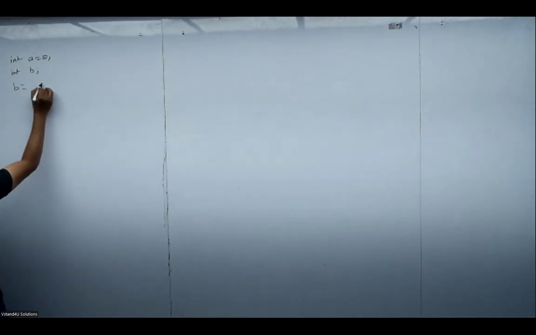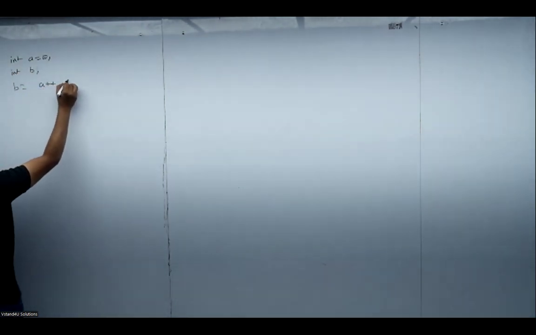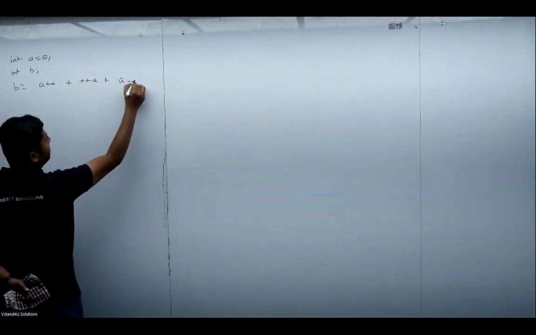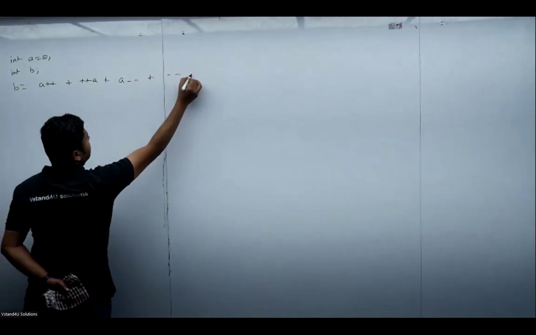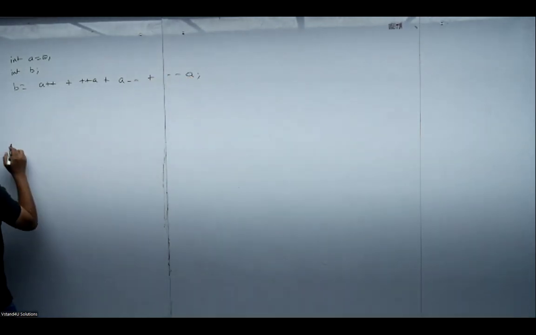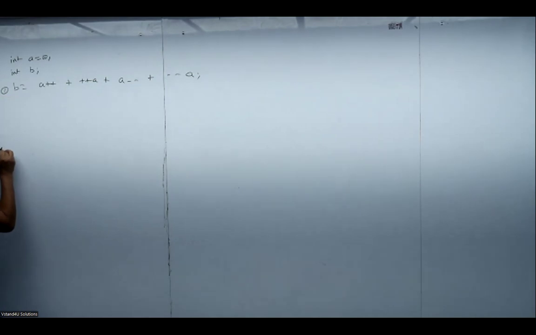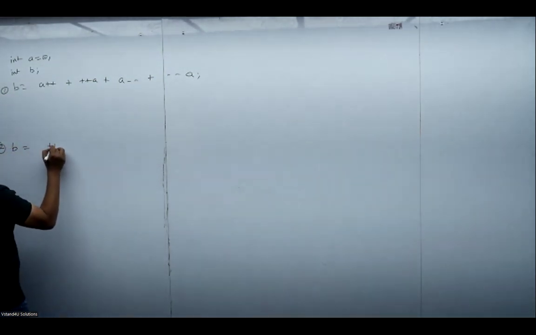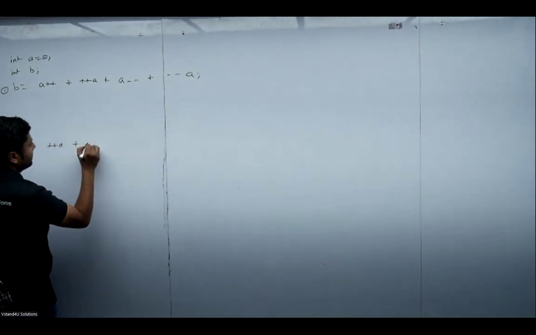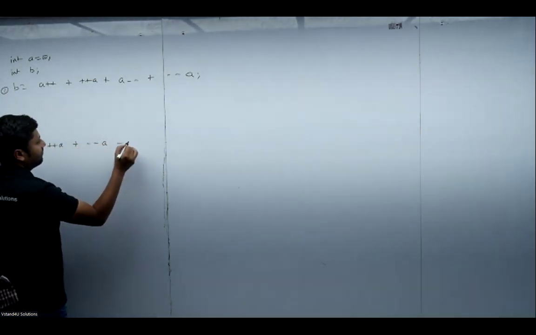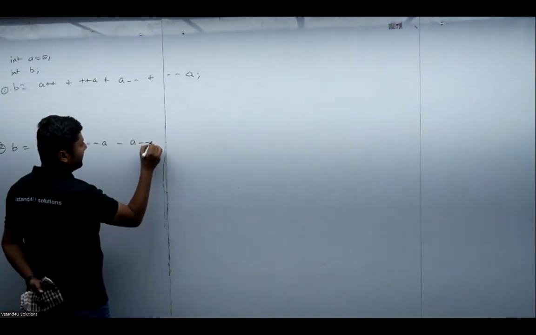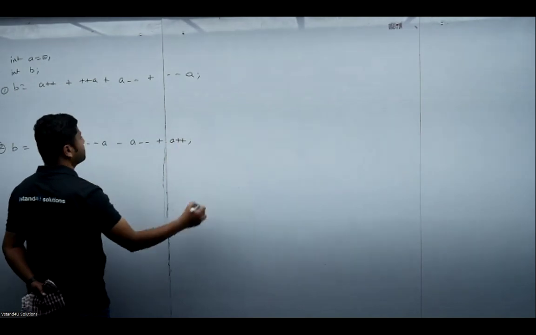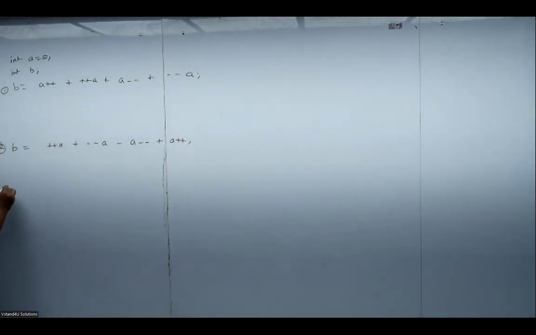I'm saying B equal to A++ + ++A + A-- + --A. This is the first part of the equation. Second equation, B equal to ++A + --A - A-- + A++. You also make a note of it fast.